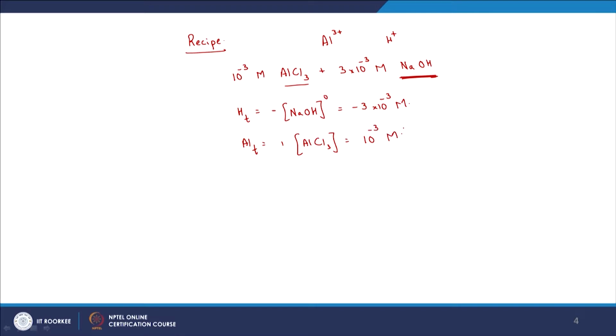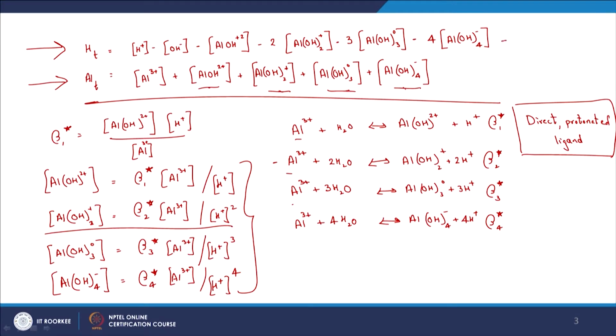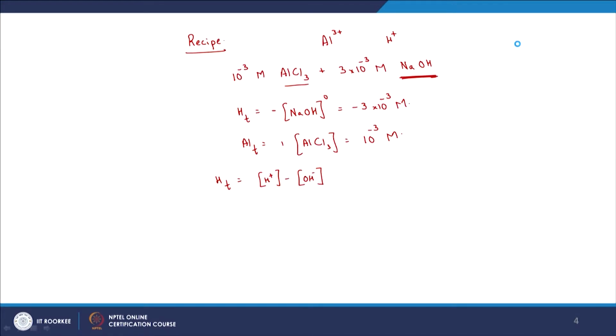So based on the equations that we already had earlier, what can we express H total as? H total equal to, as we know, H+ minus OH-. I'm just listing the equation here. And we are assuming obviously that Na+ and Cl- can be ignored now. I'm ignoring them, which is not a bad assumption, at least when you are working it out by hand.